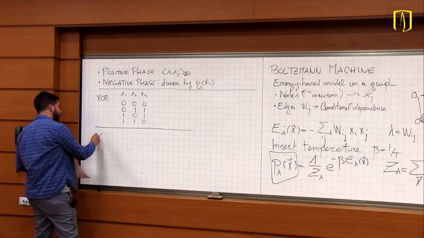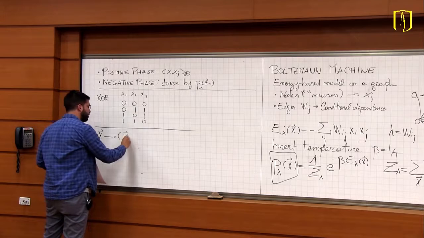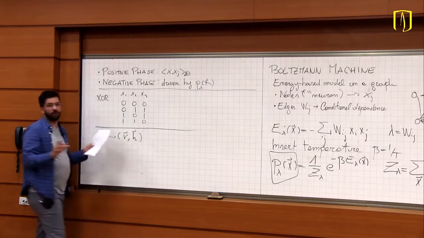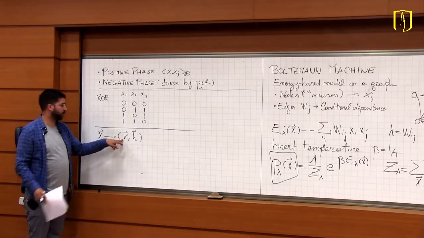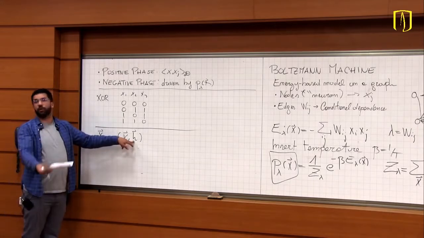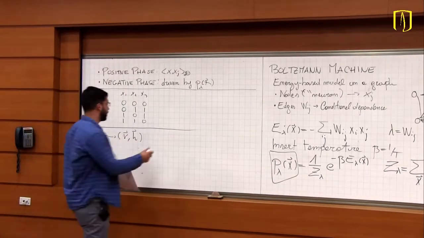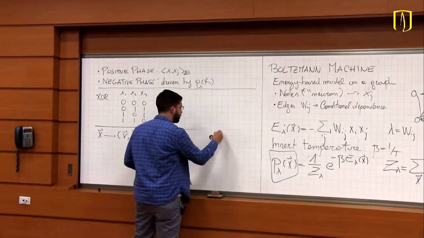So what you do is take your x and change it to visible variables. Those are the variables you're trying to describe and learn, but you add some hidden neurons. So now your network becomes something like this.